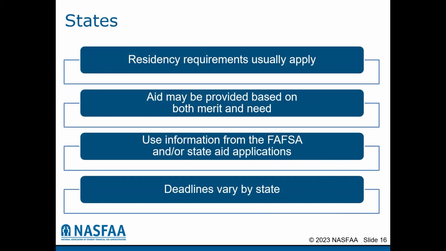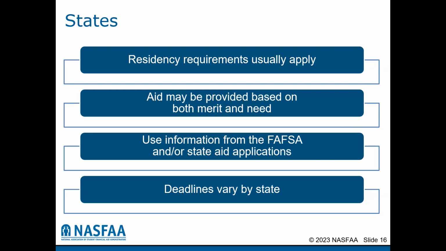States often have their own financial aid programs available for students. In most states, a residency requirement will apply, requiring the student to be a permanent resident of the state in order to qualify for different state aid programs.